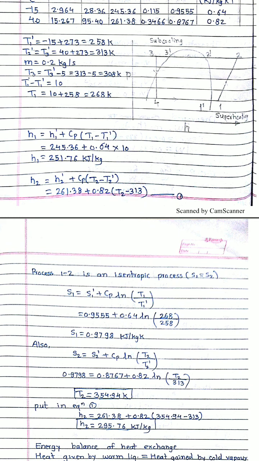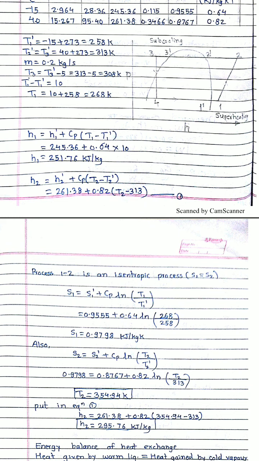The same formula we used in the last numerical for S2. Here, if point 1 were directly on the saturated vapor line, we could directly calculate the entropy. But here point number 1 is offset into the superheated region.